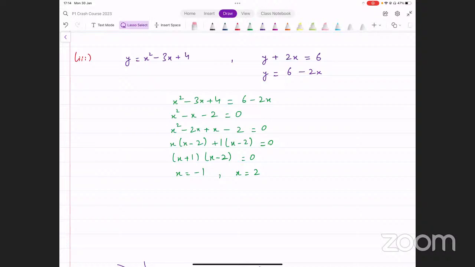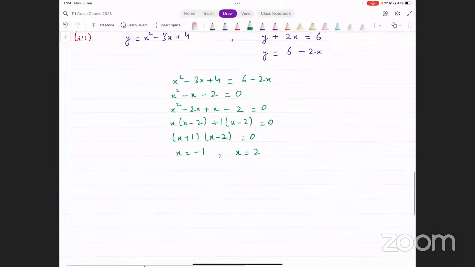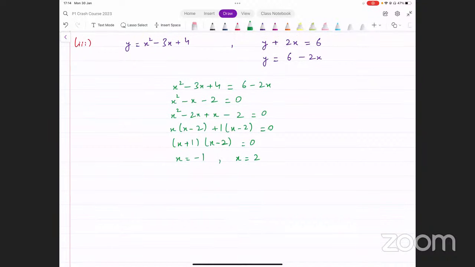All right. Now, these are the x coordinates of the points of intersection. What about the y coordinates? We can input these values in any one of those 2 equations. It's going to be easier to put in the linear equation. The calculation is going to be easier. So we input these values there. Y equals 6 minus 2x. Let's input minus 1 once.